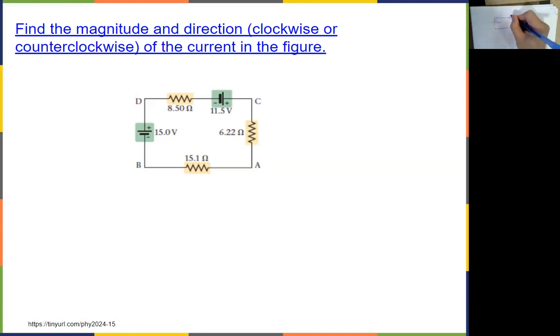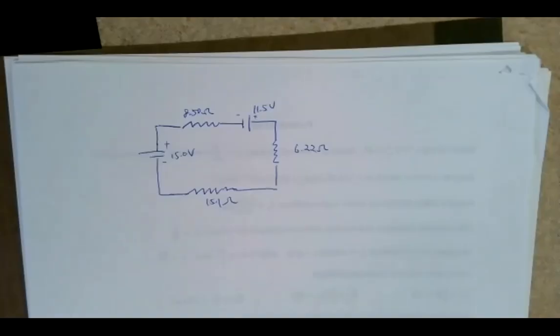So 15 volts here, 11 point something volts there, 8.5 ohms, 6.22 ohms, 15.1 ohms. This is a very basic example of just the loop rule, because you only have a loop and no junction. That means you don't have a current that goes in and then splits into 2 or 3, or 2 that come in and merge into 1.